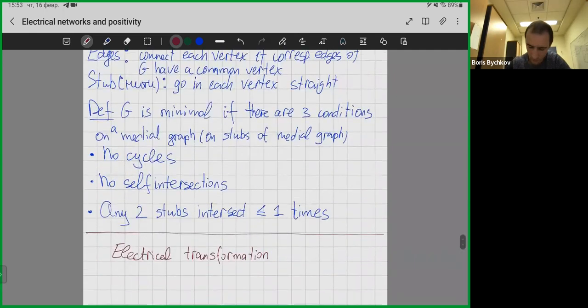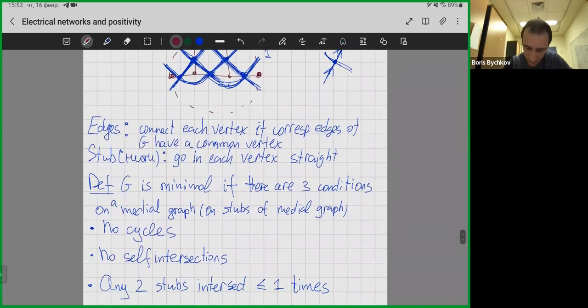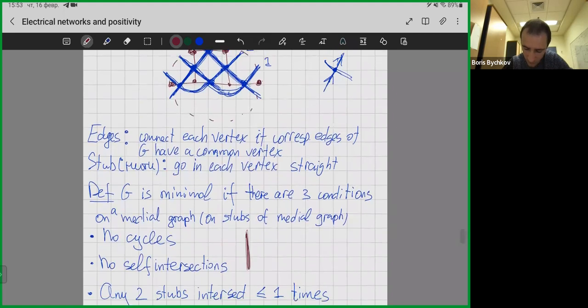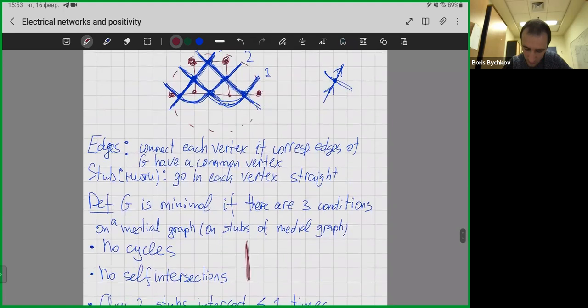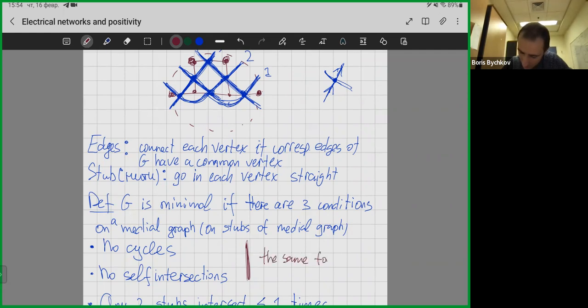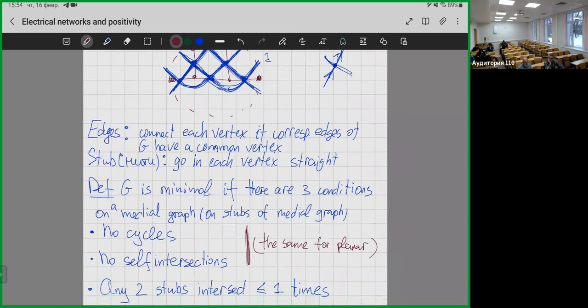So I think that for planar networks, these two conditions indeed are the same.